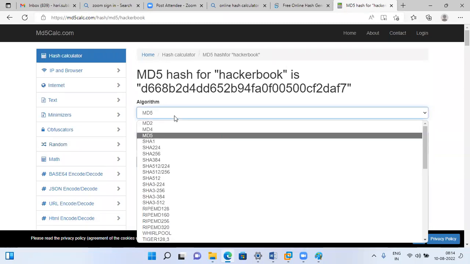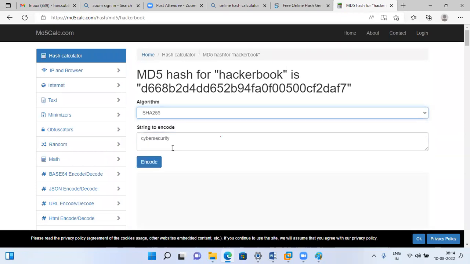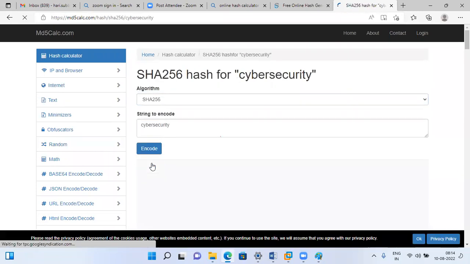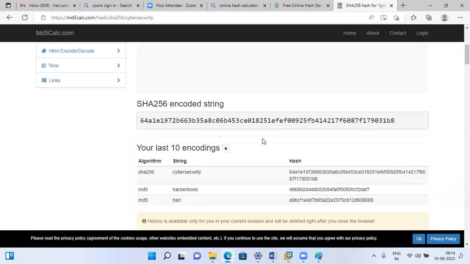So SHA-256, you need to create the hash, and SHA-256 to encode. How come SHA-256 hash for cybersecurity? We are not able to get it. Here it is. Okay.